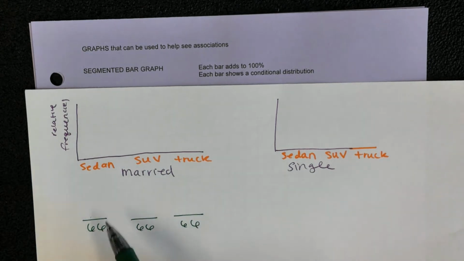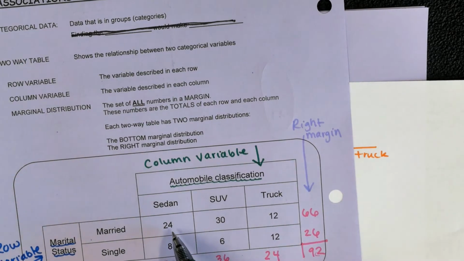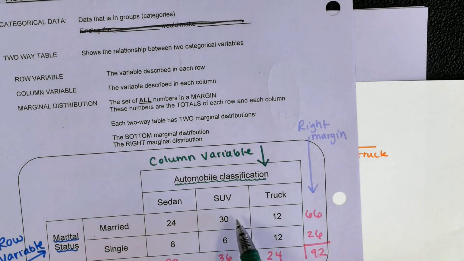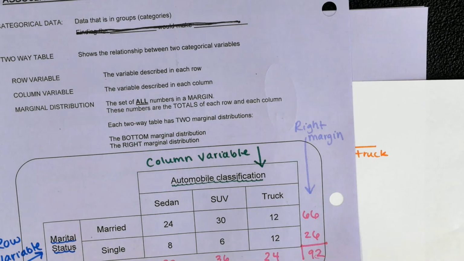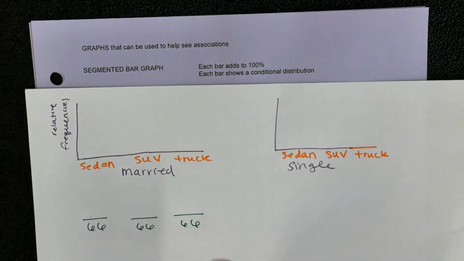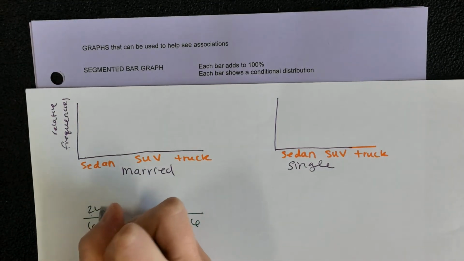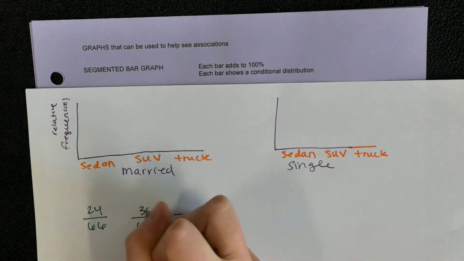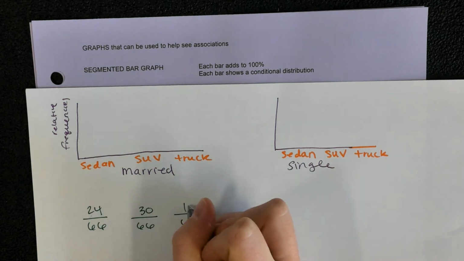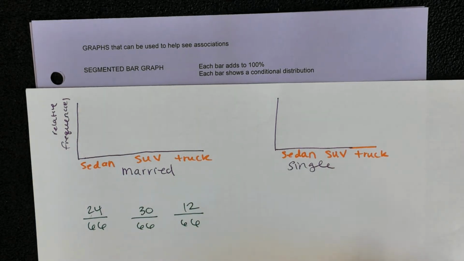And so out of these married people, how many of them have a sedan? I would look over here and say, 24 have a sedan, 30 an SUV, and 12 a truck.